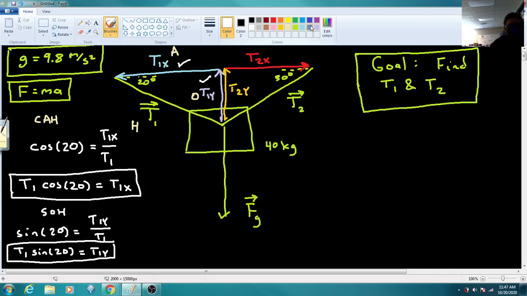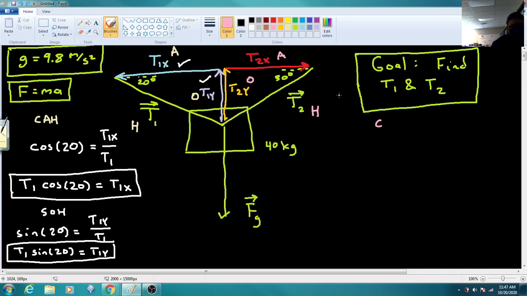So I'm going to repeat the process over on this triangle. T2 is our hypotenuse h. Since the angle 30 degrees is here, T2y is across, so that's opposite. And T2x is next to the 30-degree angle, so that's adjacent. So when we want to find T2x, we're going to use CAH, because we know the adjacent and the hypotenuse.